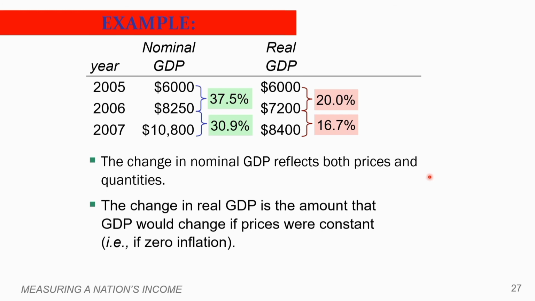Or the production level has increased by 20%. And from 2006 to 2007 also, the actual increase of the output or production is only 16.7%. That is if we assume that there is no inflation from 2005 to 2007.